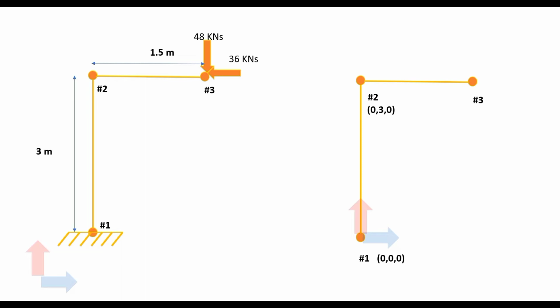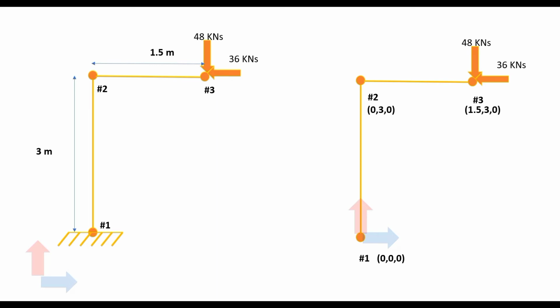And then node number 3 will have a coordinate of 1.5, 3, 0 because node number 3 is at a horizontal distance away from node number 2 by 1.5 meters. So once we have defined the coordinates, we define the member incidences. So we'll have two members, one member defined between node 1 and node number 2, and the other member defined between node 2 and node number 3.